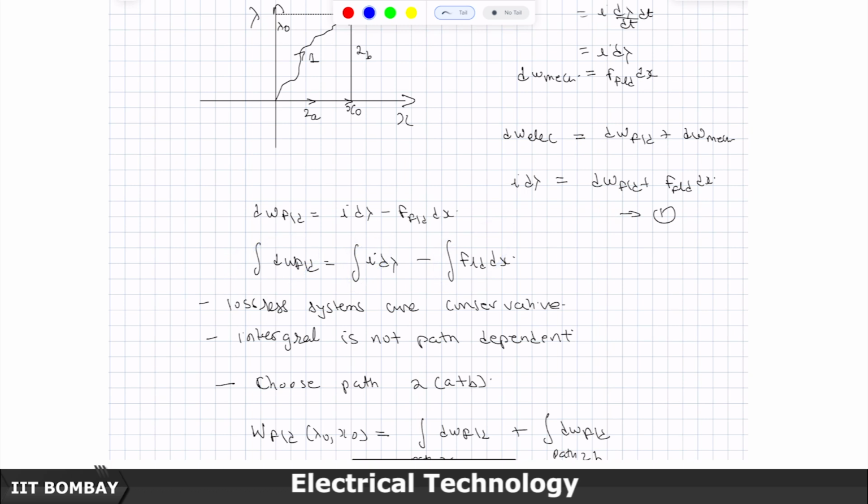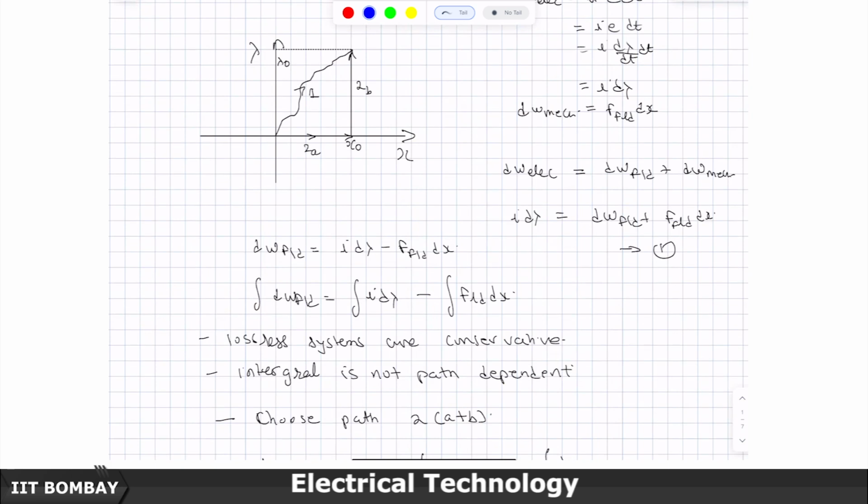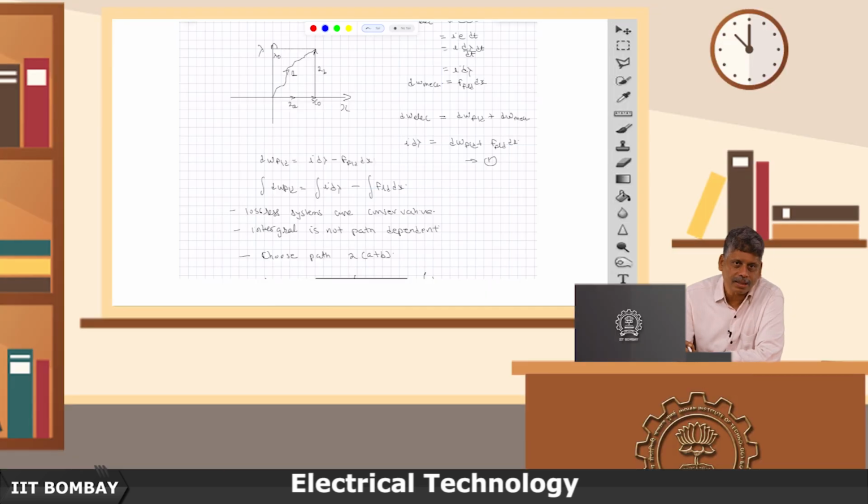If it is path independent, then I need not do the integration along the path that you chose to reach from here to here. I can assume that I took a convenient path, which is 2A, and then I went along the path 2B.